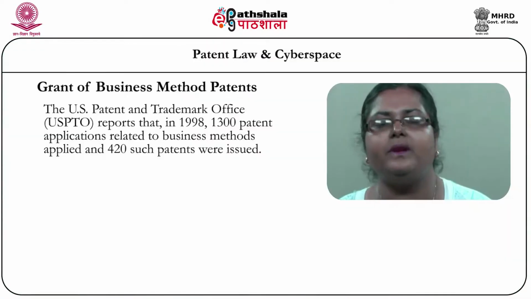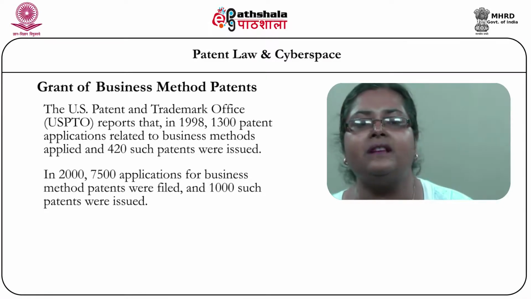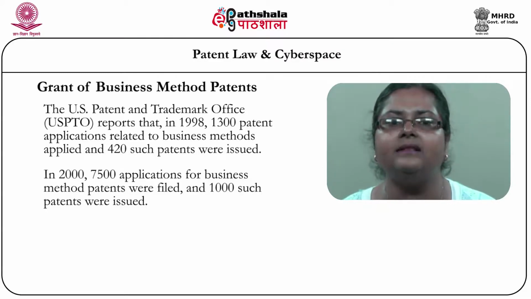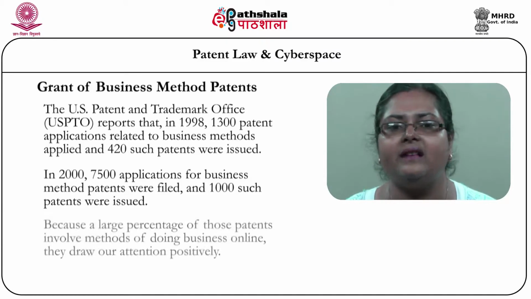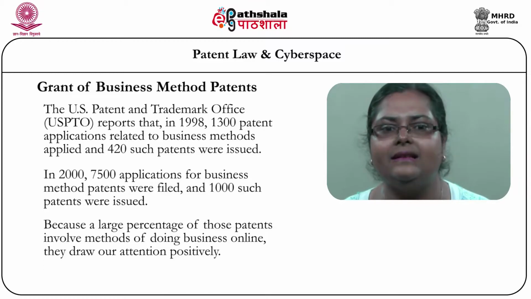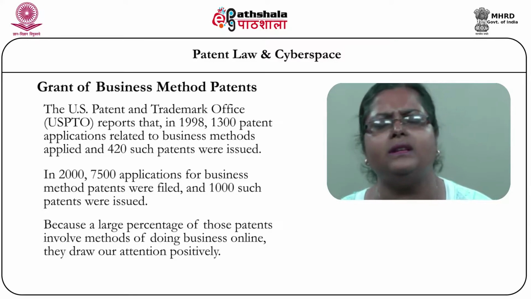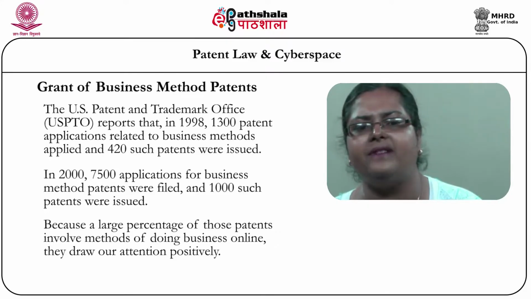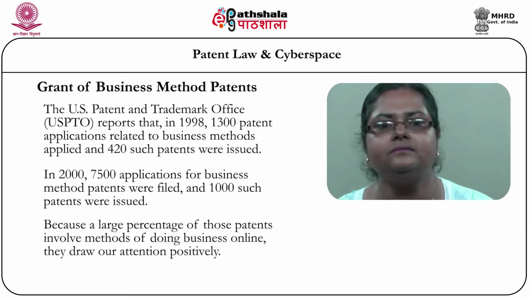But if we move forward to the year 2000, we find that about 7,500 applications for business method patents were filed and 1000 such patents were issued. So we can see that with the advancement of technology, it is increasing day by day, and the desire of companies is also increasing. So there is pressure on the USPTO and in government policy to have patents instead of copyright, which is already prevalent in the software field.